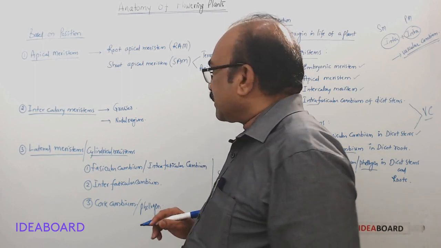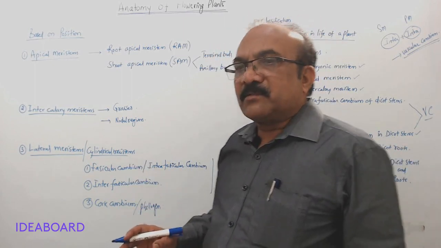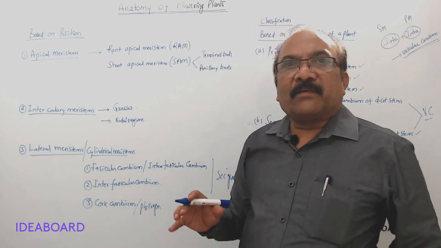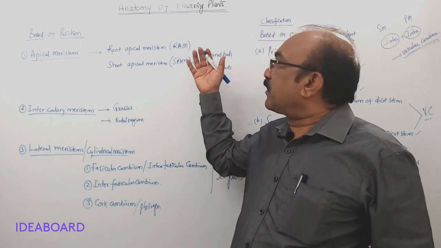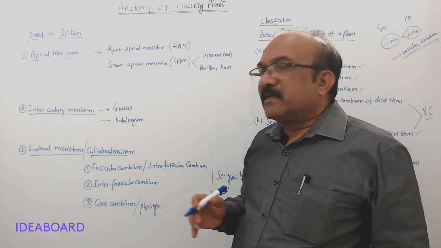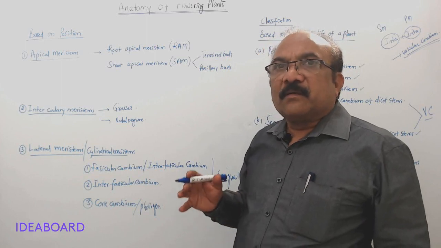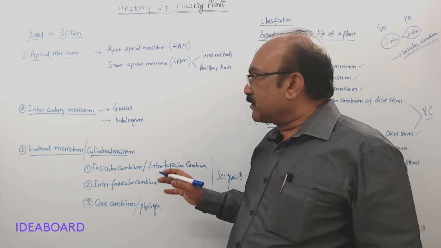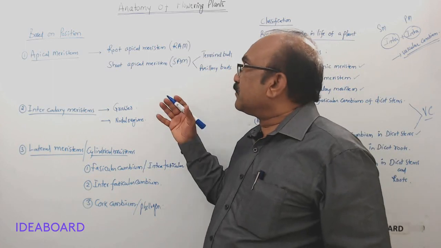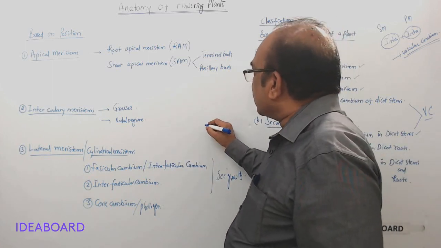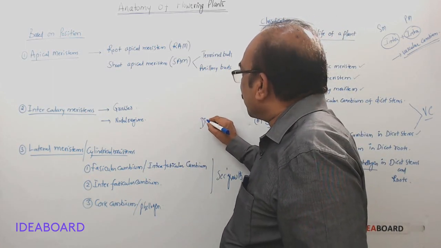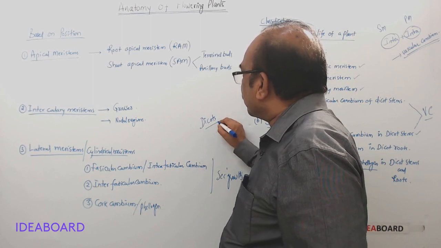I hope you are understanding. These lateral meristems you won't find in all plants, and even among flowering plants, not all show these lateral meristems. Only those plants that exhibit secondary growth will have them, and secondary growth is exhibited by dicots among flowering plants.